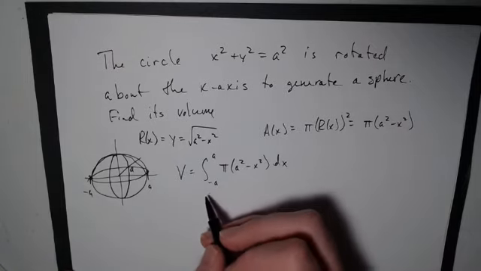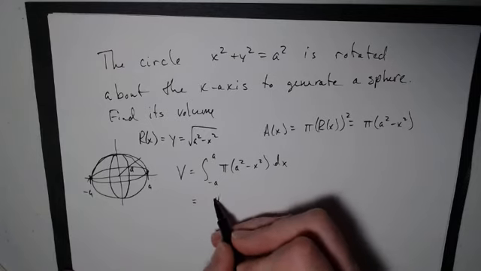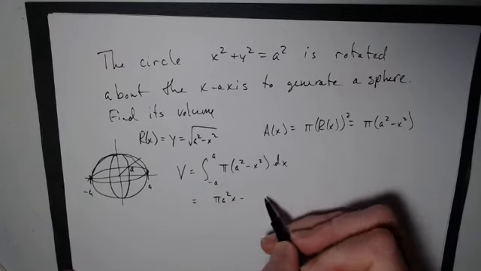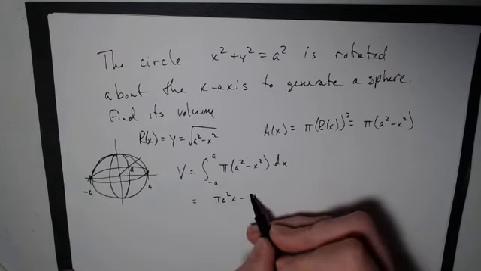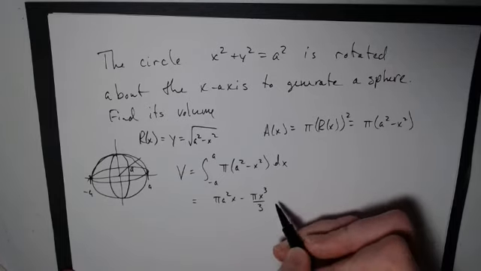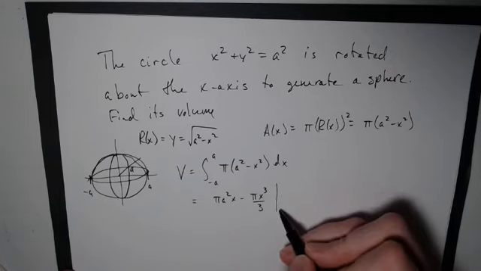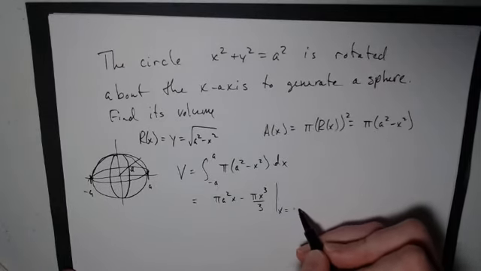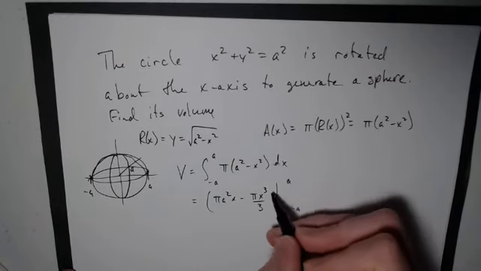If we go ahead and do that integral, we get pi a squared x minus pi x cubed over 3 as x goes from negative a to a.